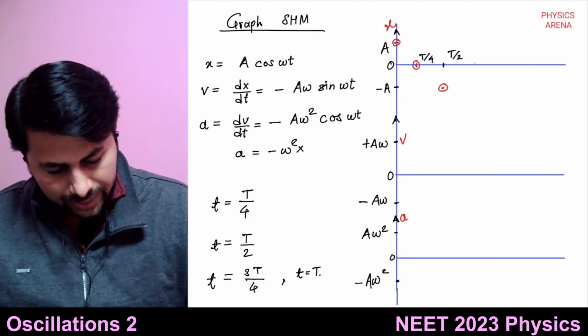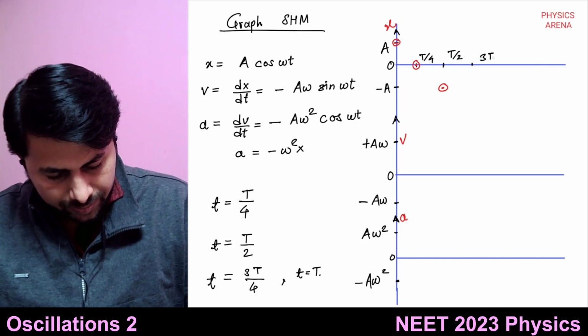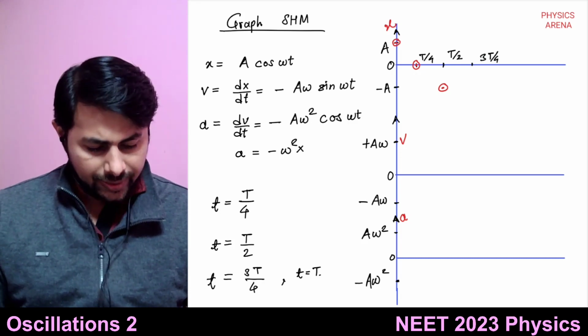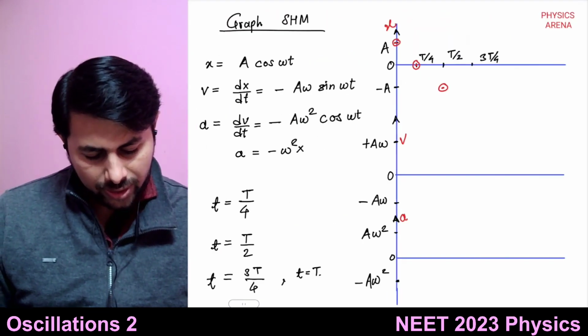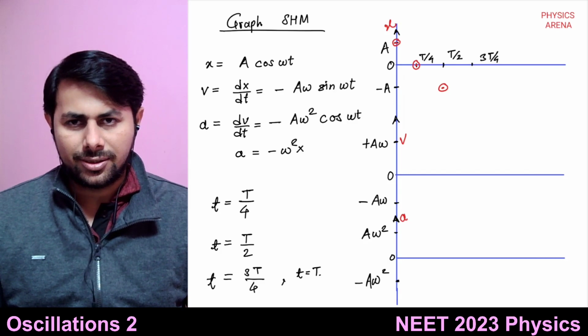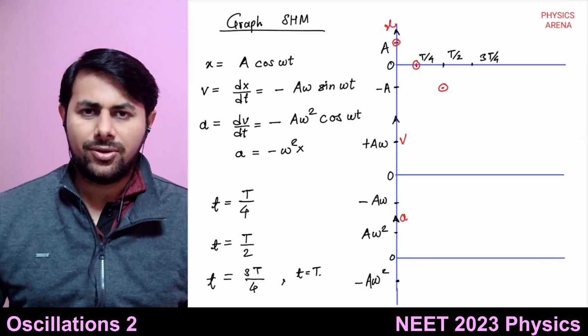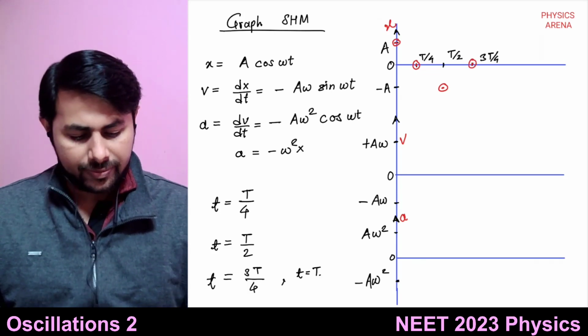Then at 3T by 4, what will happen? Once again, it is cos of 270 degrees. Cos of 270 degrees is also 0. So you get this point.